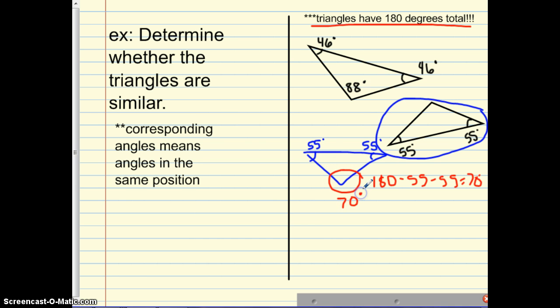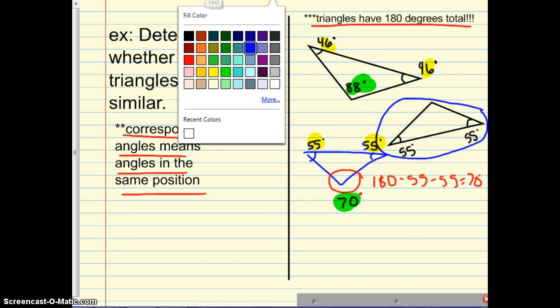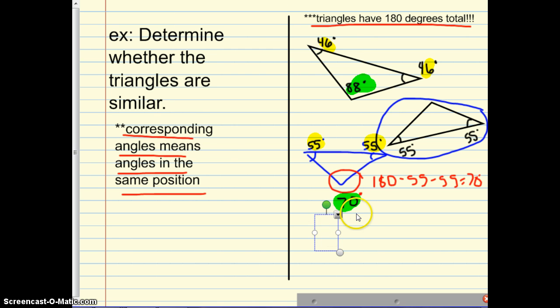And when we look at this, corresponding angles means angles in the same position. Well, when we look at our matching angles, 46 and 55, 46 and 55, and this last one, 88 and 70, our corresponding angles are definitely not equal.